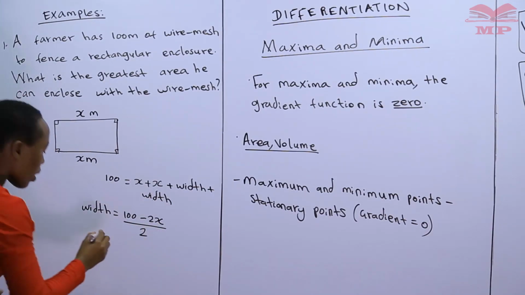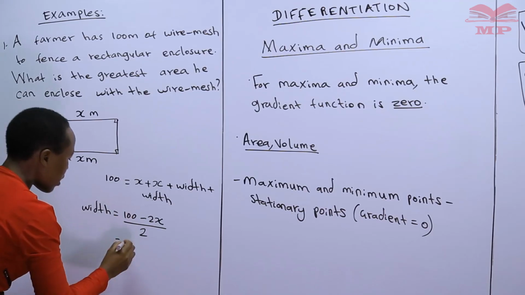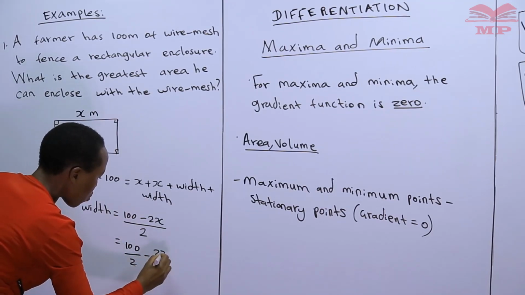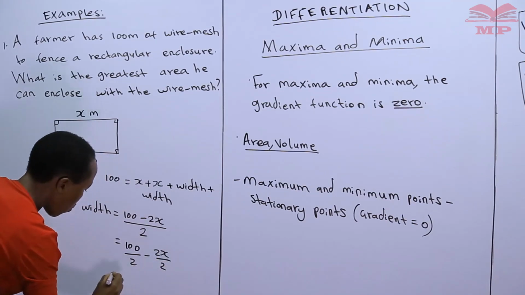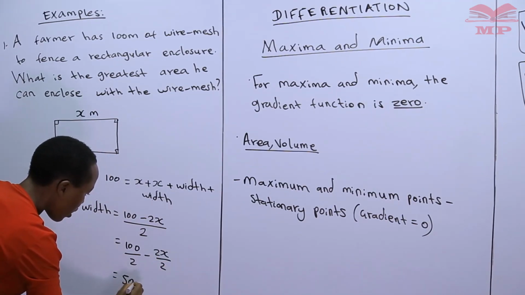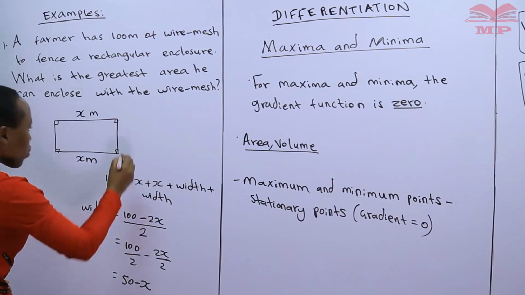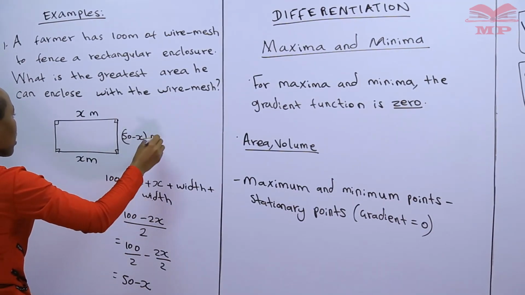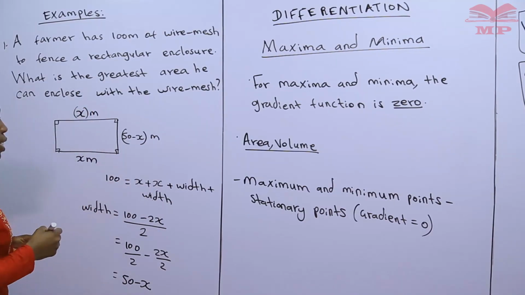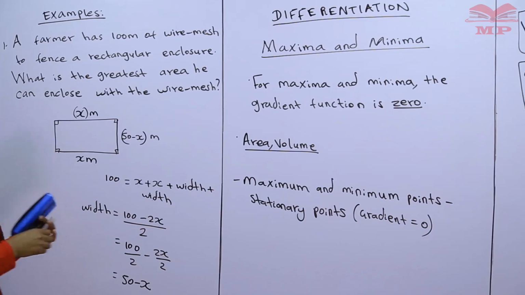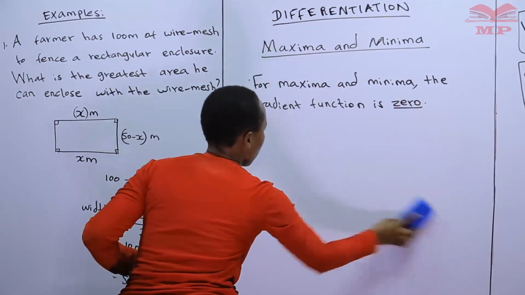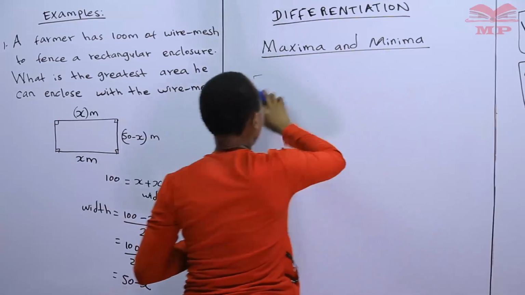So the width is 100 all over 2 minus 2x all over 2, which is equal to 50 minus x. So the width is 50 minus x meters, and this is x meters. And therefore, we need to get the equation for the area.